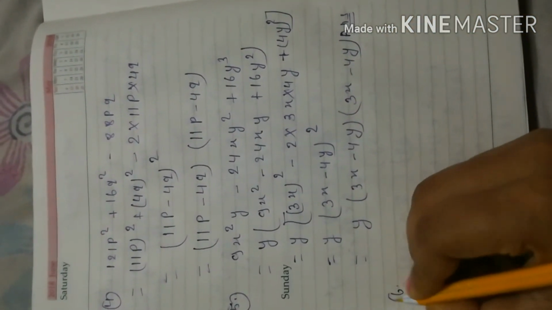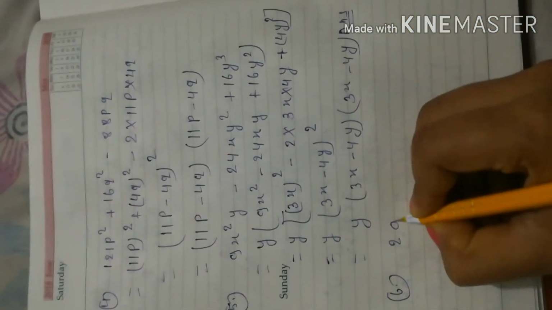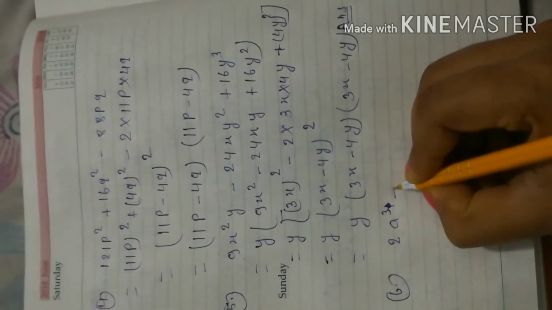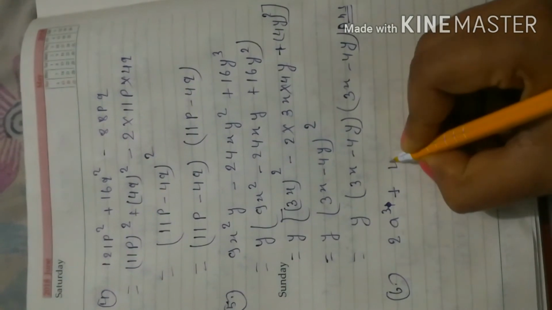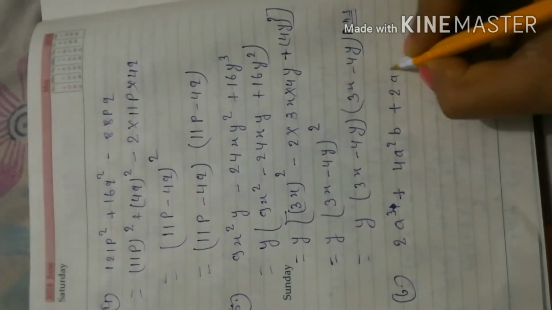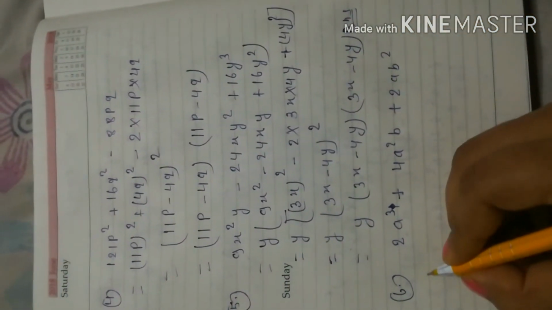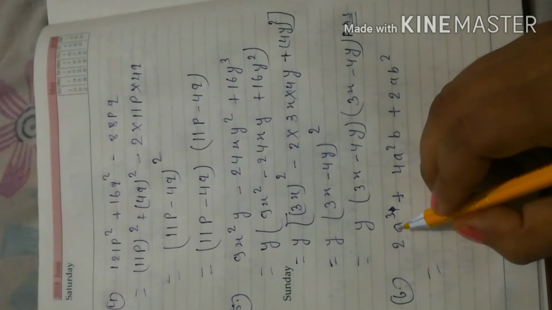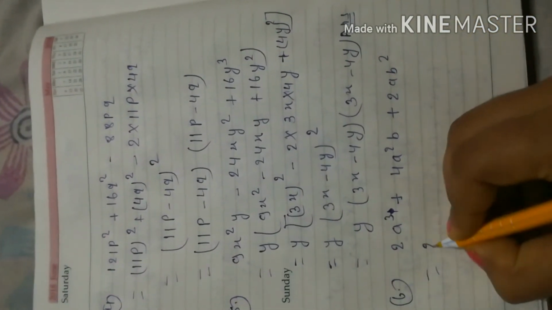Now we will do question number 6. 2a cube plus 4a square b plus 2ab square. Here also you can see 2a. We can take 2a as common.